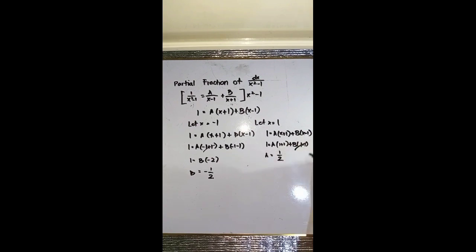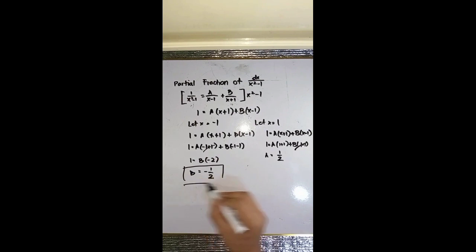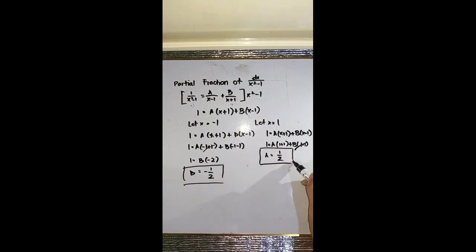Now we got the value of our b term and our a term. Now we'll just substitute each value into the standard formula of the partial fraction.